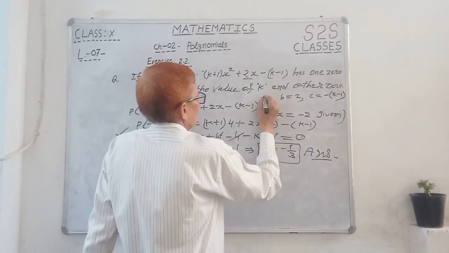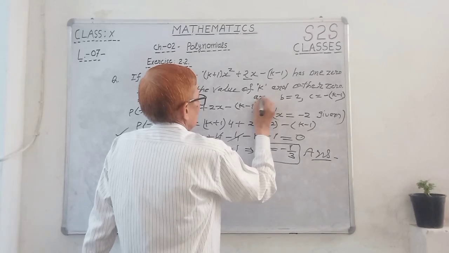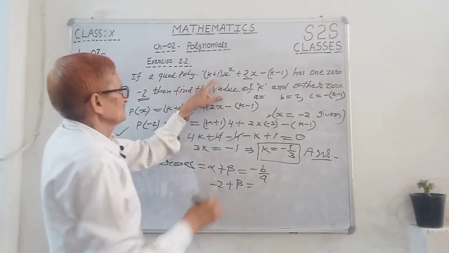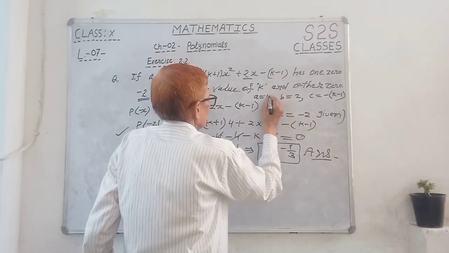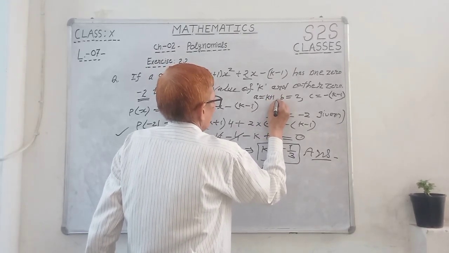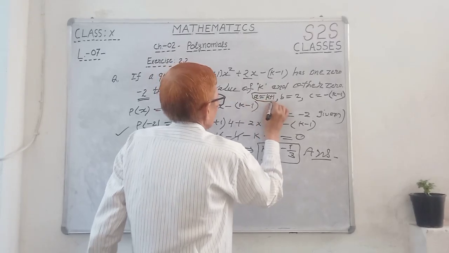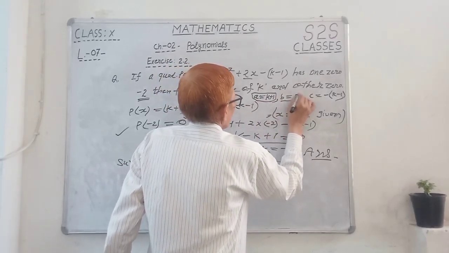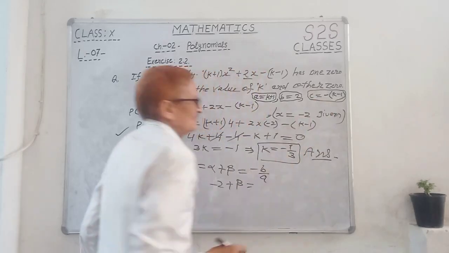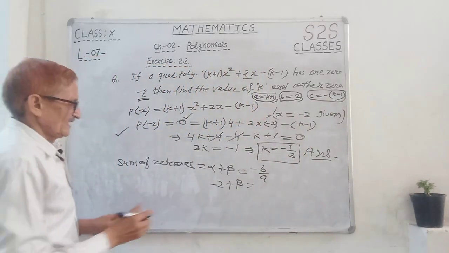Okay, and the value of a? What is the value of a? The coefficient of x square, k plus 1. This way you compare and take the values of a, b and c, and put them here.